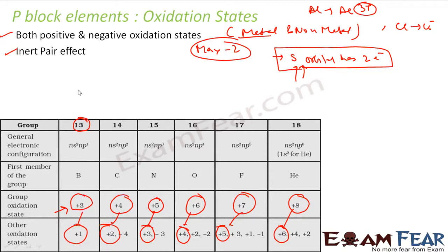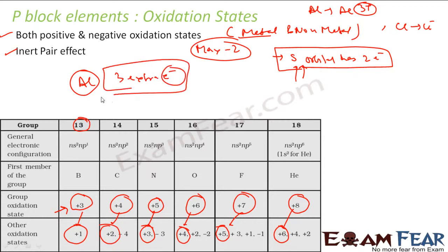Just understand that the first thing is that p block elements exhibit a lot of oxidation states. Group 13 has the 3 oxidation state. Why 3? For example, aluminium has 3 extra electrons, so aluminium is willing to give 3 electrons to become stable. Similarly, the next one is carbon.